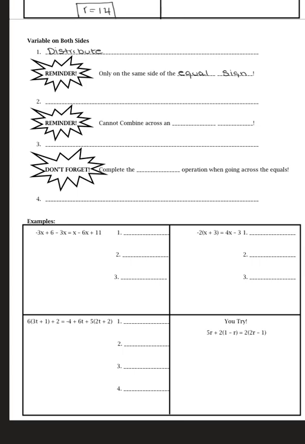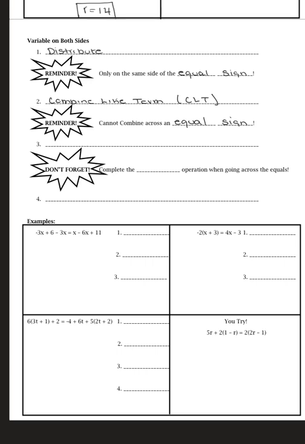Number 2, you're going to combine like terms, which again I'm going to abbreviate as CLT. You cannot combine across the equal sign. Right now we're just looking at the left and the right side of the equal sign separately.